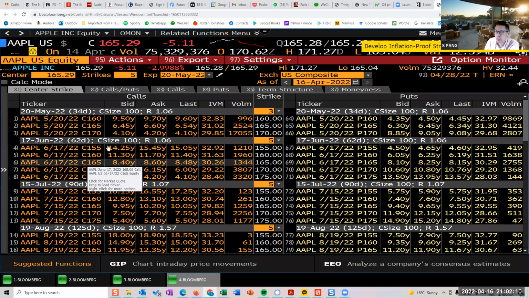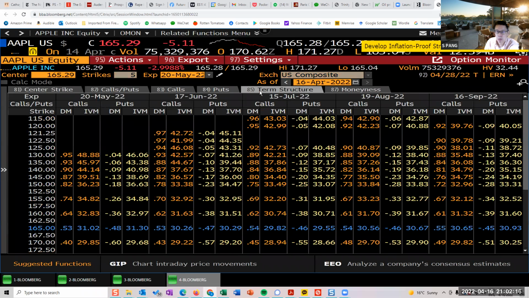And term structure, it's just showing you, I think, the implied vols of various calls of various tenors, putting it in a table format.